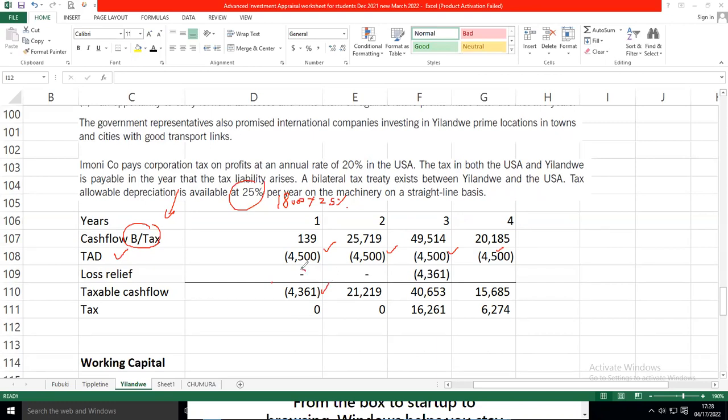But in the first 2 years, there's no tax that you are paying. So this loss is carried forward to when you start paying tax, which is here. In year two, you've got that figure, but again, you're told you won't pay tax. So the only loss relief we have is this one, which you have brought here. That's all. So this is what is taxable.